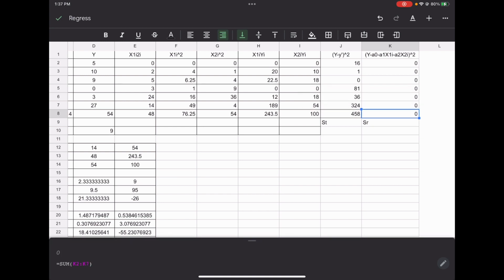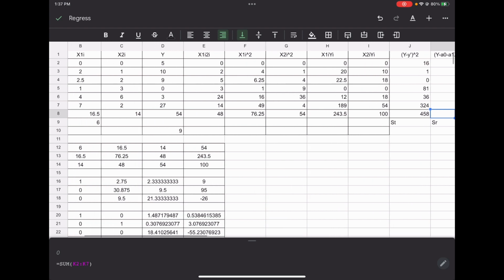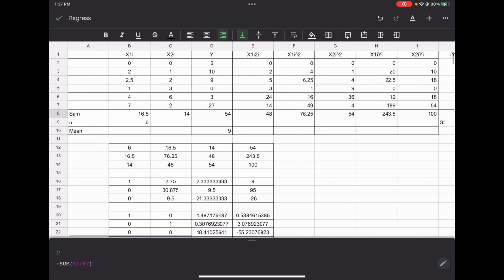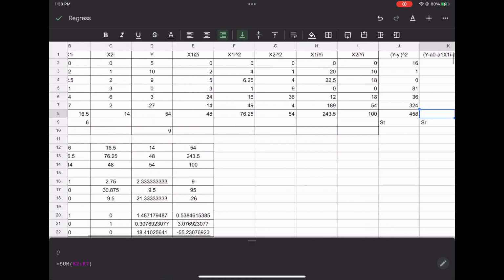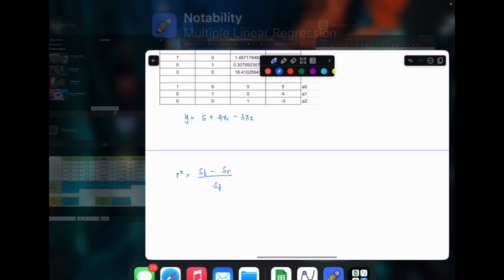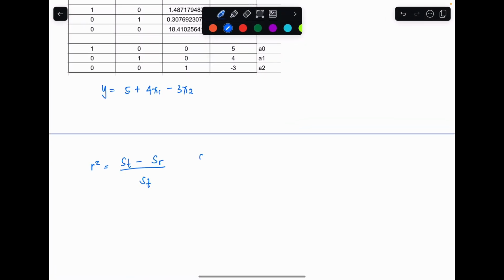Okay, so from here, based on this problem, these data sets were just taken from a real line. That is why, as you will see, if we have an S sub t of 458, and our residual from the regression line is 0, that means the data points are a perfect fit on the regression line.